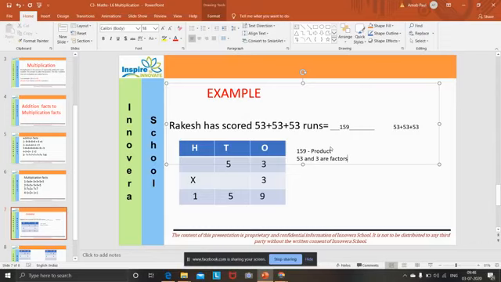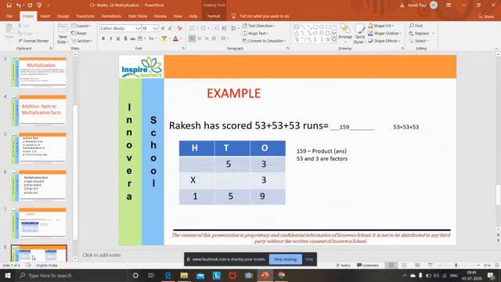The answer we get is our product, and these two, 53 and 3, are the factors.